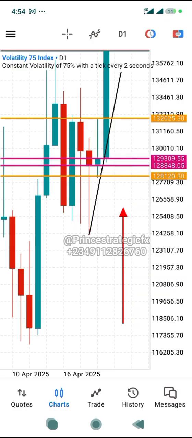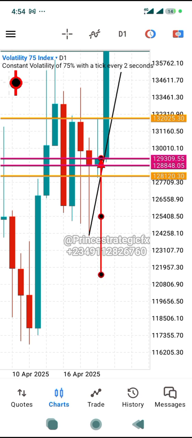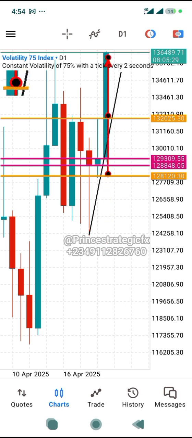Now see here where the price closed and where the price opened at the previous daily candle. You see there, price couldn't break that particular zone. Since it couldn't break that zone, there was a push in price for today.